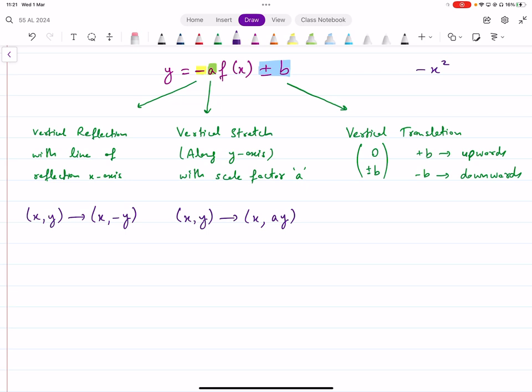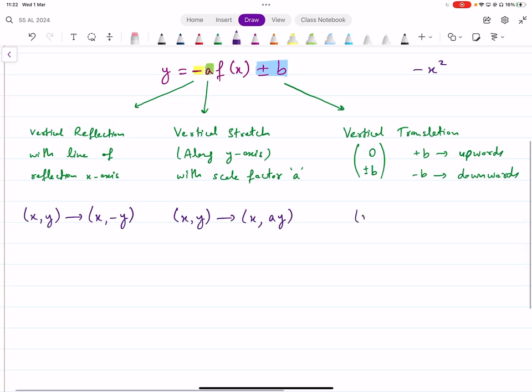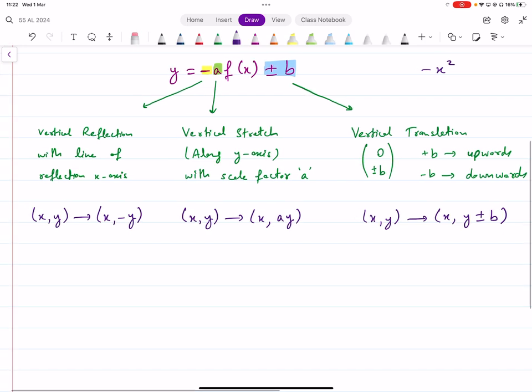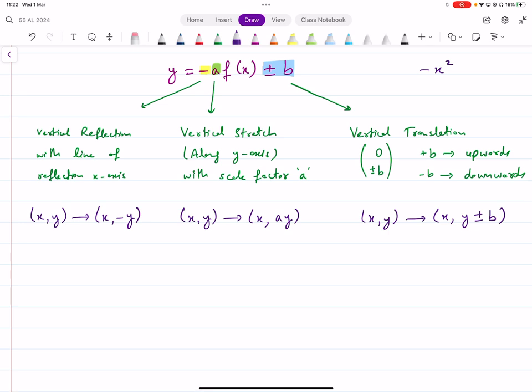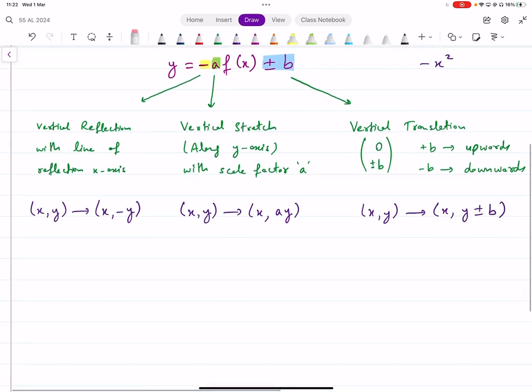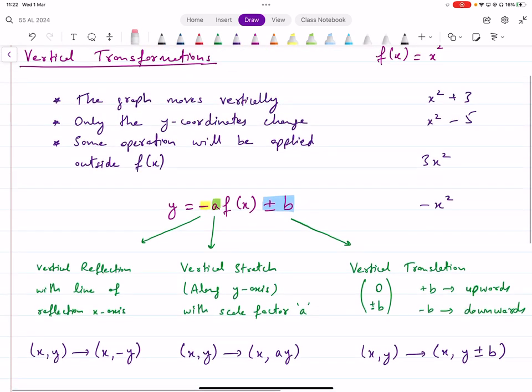Okay, x coordinate unchanged रहेगा, y coordinate बस वो scale factor से multiply हो जाएगा. ठीक है? And what about translation? In vertical translation, x coordinate remains the same. Y coordinate में आप वो number add या subtract कर दोगे जो भी वहां पे add subtract हो रहा है. These are the three vertical transformations that you need to keep in mind now.